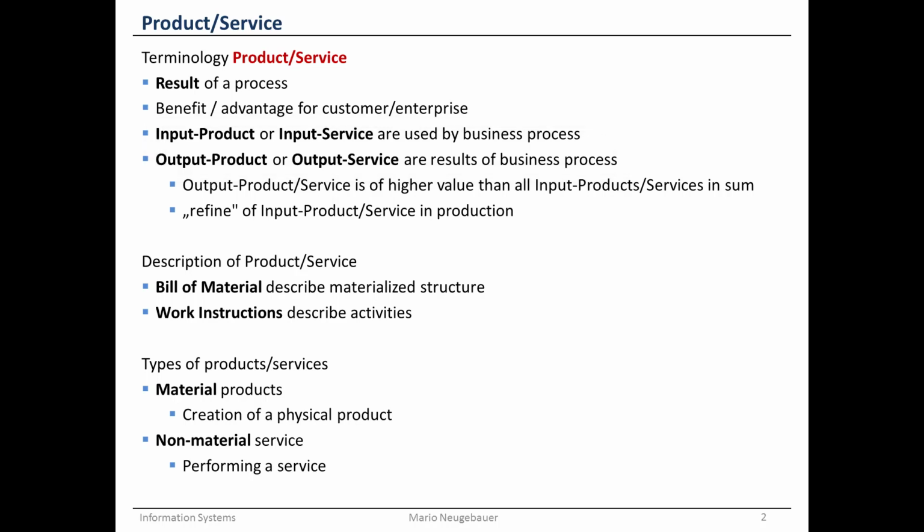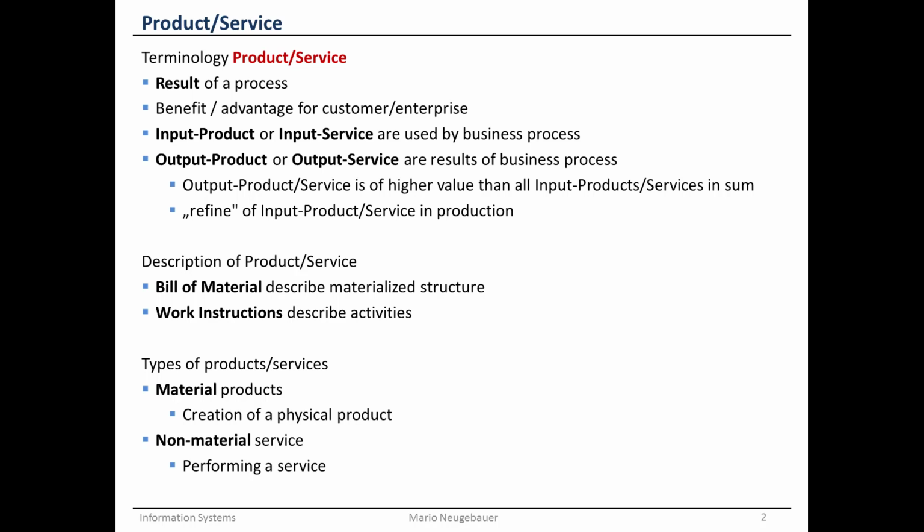You can also see that you have a certain input-output relation. So you have something like a bill of material for a certain product, describing the different parts which are required to produce this product. That does not mean in the first view that you also include the working steps. Working steps are also part of this product or service view, but in the bill of material, you just describe the material which is important to produce this certain product.